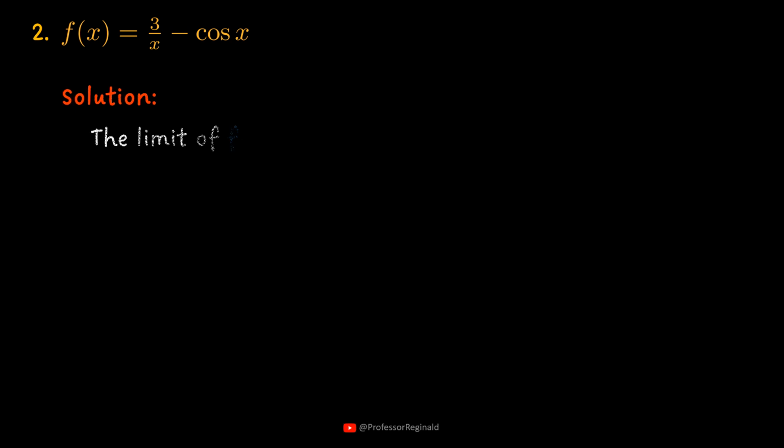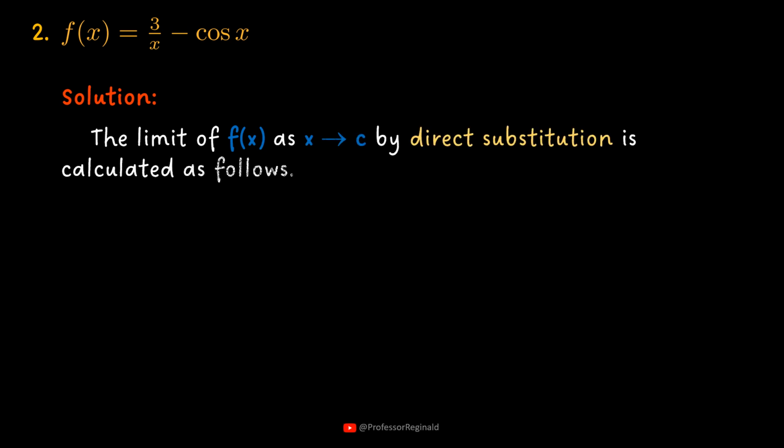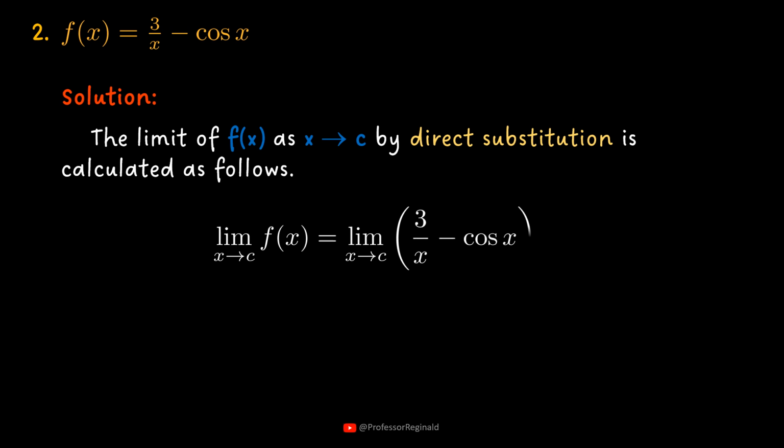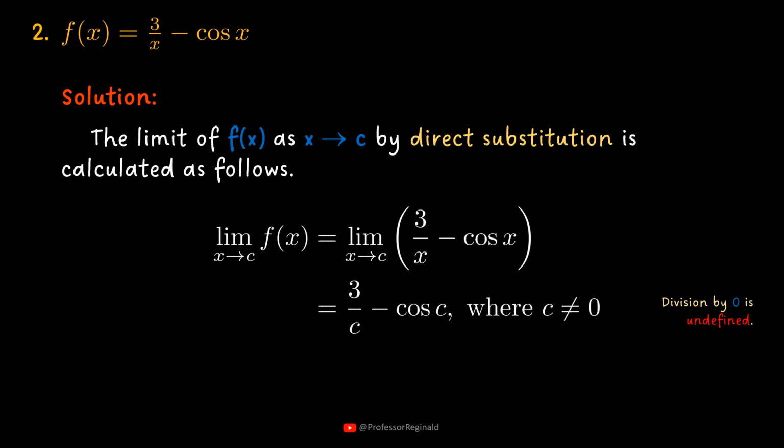The limit of f of x, as x approaches c, by direct substitution is calculated as follows. c equals 0 is not allowed because a number divided by 0 is undefined.